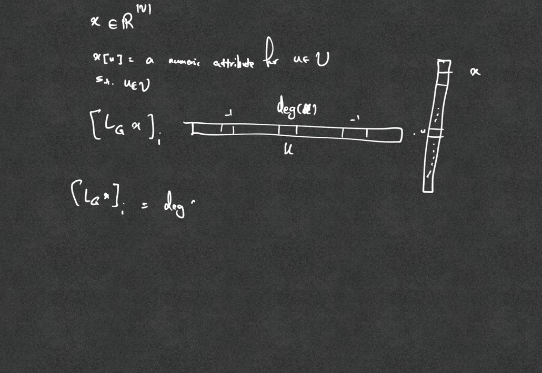the degree of node u multiplied by the attribute for node u, minus the sum, for basically all of the v's that are in the neighborhood of u, of the values x_v.